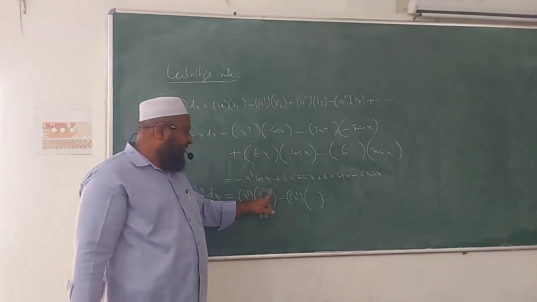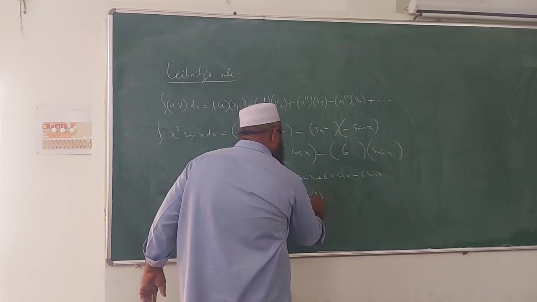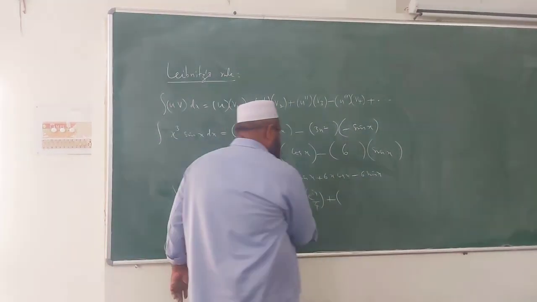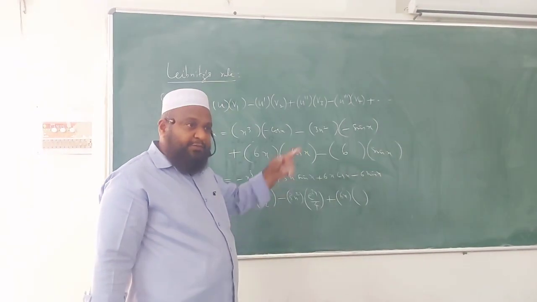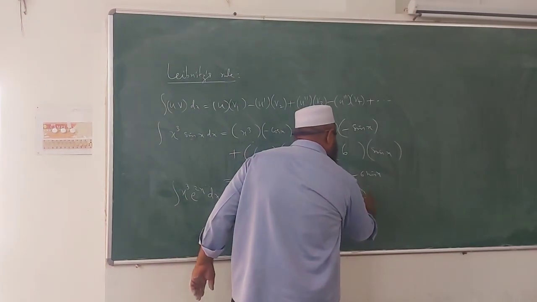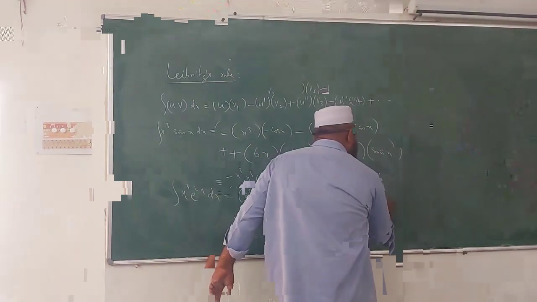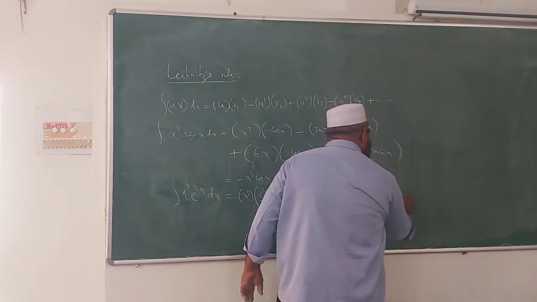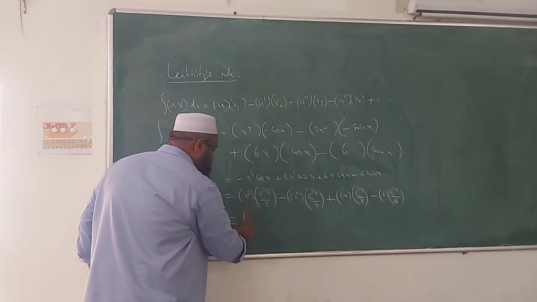So e to the power of 2x by 2 with one more 2 here. So it will become e to the power of 2x by 4 plus 6x into integral for this one, e to the power of 2x by 2 along with this 4, it will become e to the power of 2x by 8 minus 6 into e to the power of 2x by 16. Just simplifications, I am not writing, you can get it.